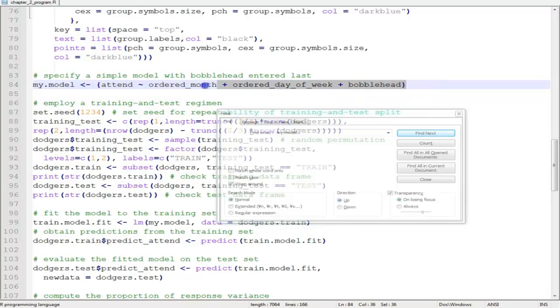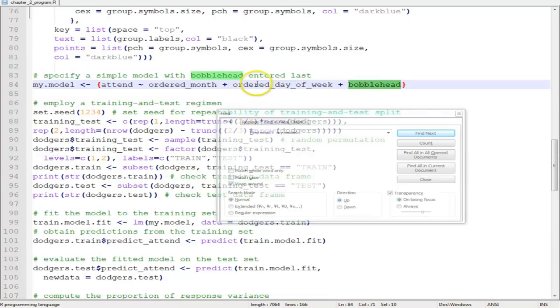Okay, so that's the way to specify the model. Notice these brackets here. What the model that we're trying to test is, we're trying to predict this variable, and we want to consider using this variable, and this variable. Now you may want to test a different model, by which I mean use different variables in here, right? You might not want to use ordered month. You might want to use one of the other variables.